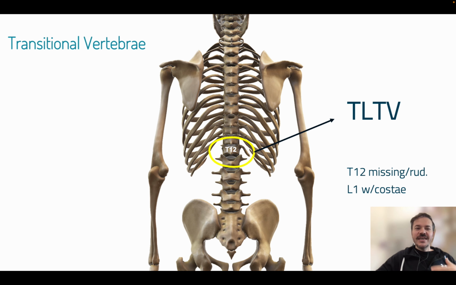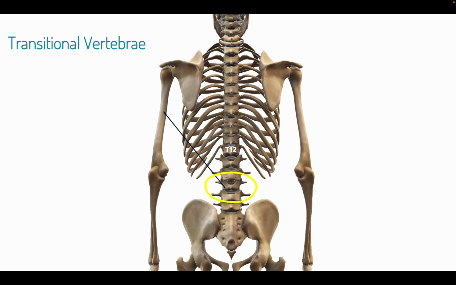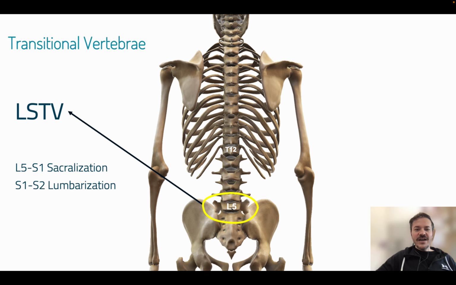In the case of a lumbosacral transitional vertebra, as in the next slide, L5 is fused to S1. It means that the fused sacral vertebrae go one level upward, cranially. This is the sacralization, what we know as an L5S1 transitional vertebra.